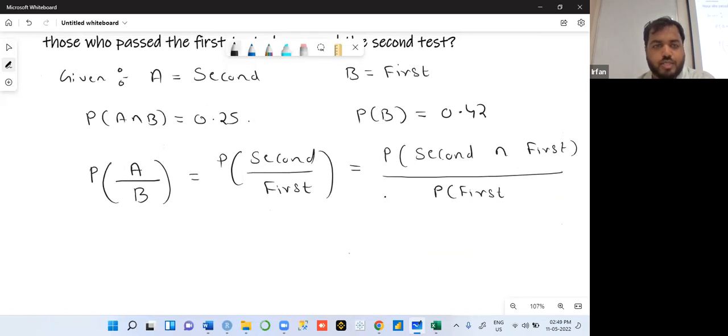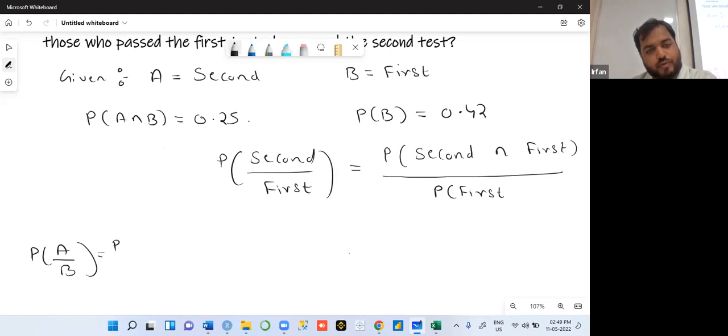Original formula is what? Let me write the original formula, guys. मैं यहाँ पे लिखता हूँ, ठीक है? P of A slash B is equal to P of A intersection B divided by P of B. Same way I've written.